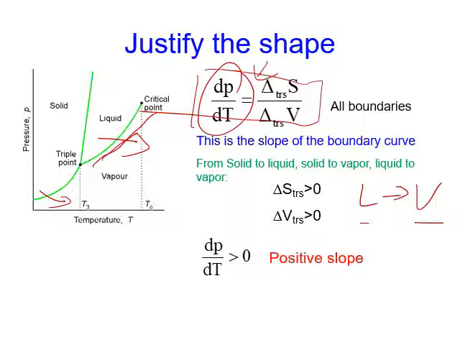Now, what about solid to liquid? From solid to liquid, the entropy also increases. Liquid has more freedom, solid has less freedom, so delta S is greater than 0. But what about the volume change? For most substances, when they melt, the volume increases. One exception is water.